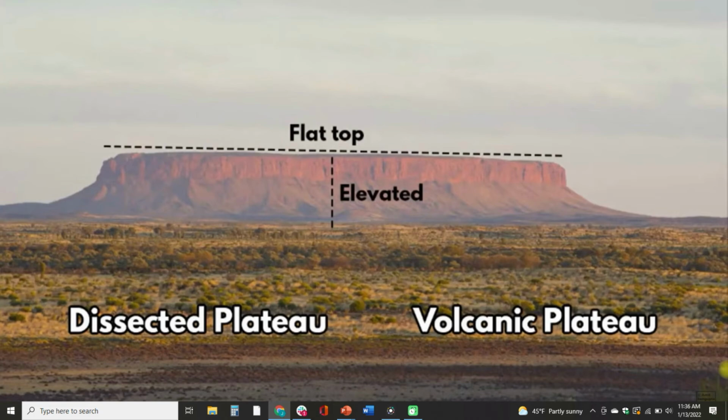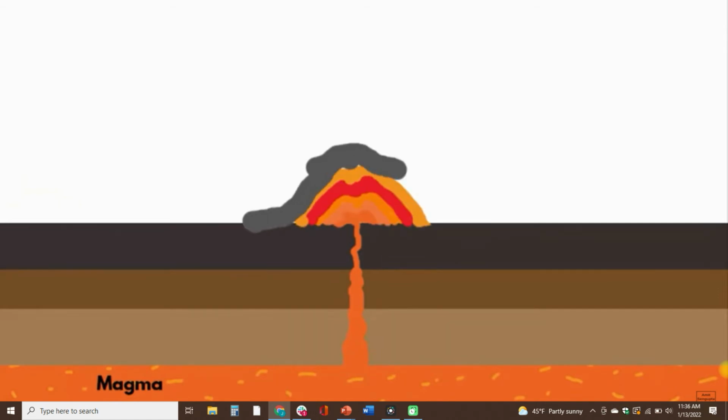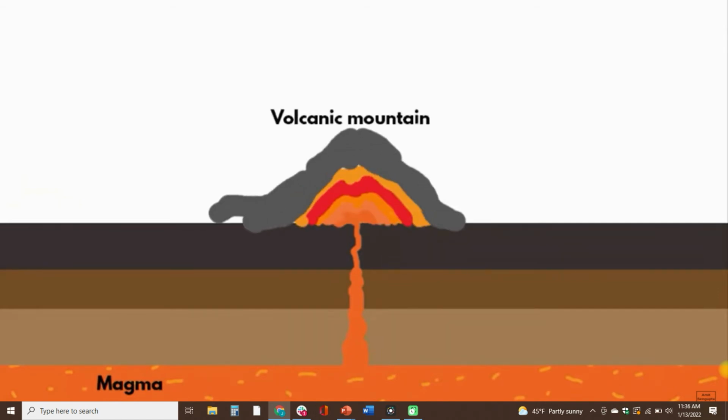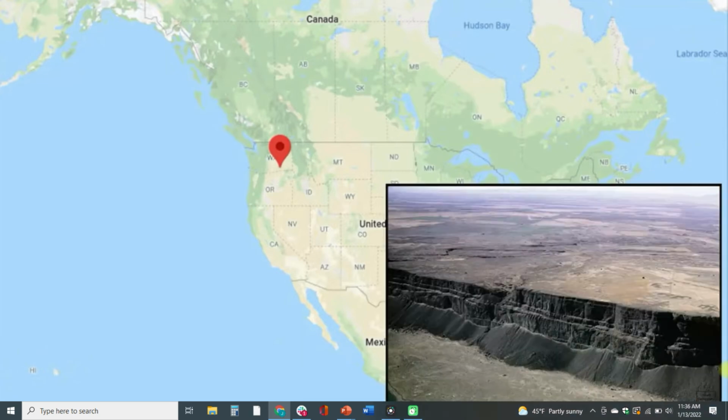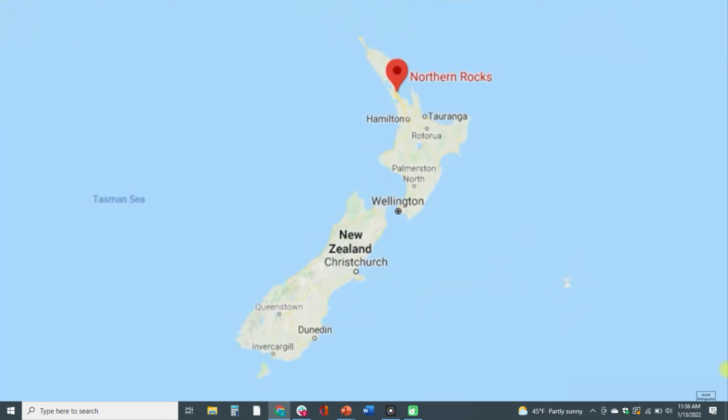And the second one is volcanic plateaus. They are formed by numerous small volcanic eruptions that slowly build up over time, forming a plateau. We already know that a plateau is an elevated piece of land. When lava continuously flows out of a volcano, with time, lava gets accumulated in the form of layers. And that is another way plateaus are formed. Some examples of volcanic plateaus are the Columbia Plateau in the northwestern United States, the northern islands of New Zealand.